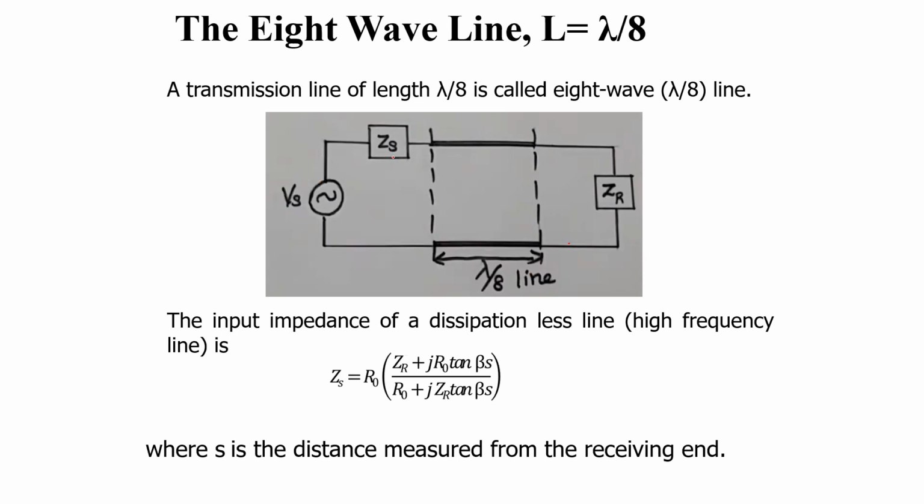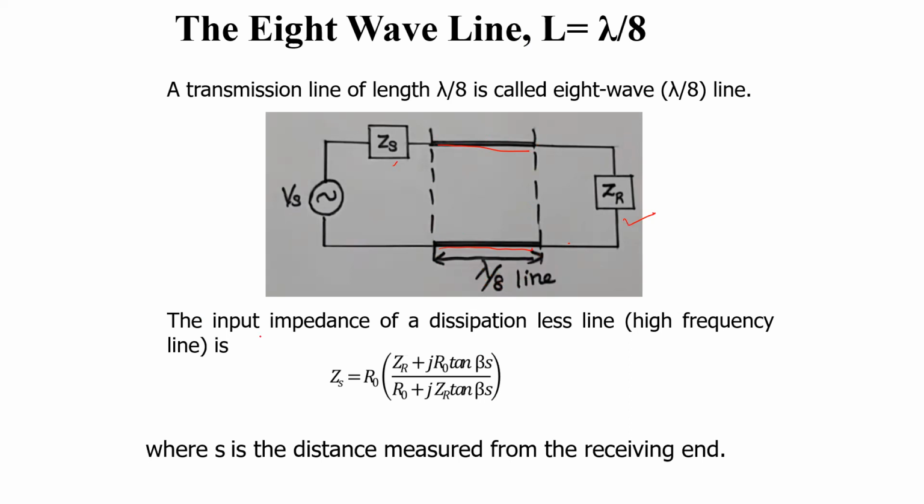We have a source voltage, source impedance, and this part represents the load. Now, in between the load and the source, we have inserted a short length of a transmission line, which is shown in this dotted portion. And the length of this inserted line is made equal to lambda by 8. Now, we have to find what is the impedance of this lambda by 8 line. This is what we are going to find out.